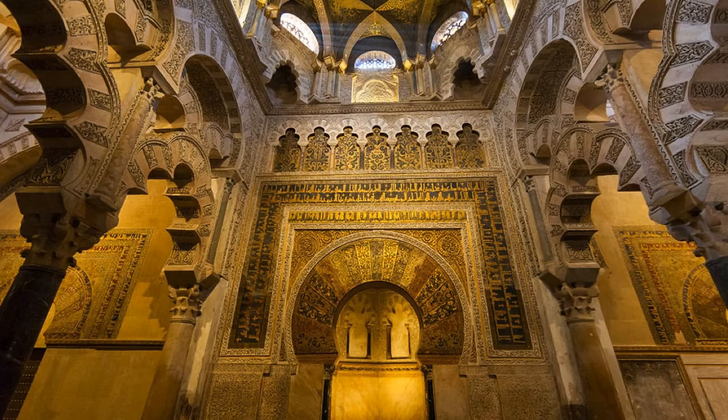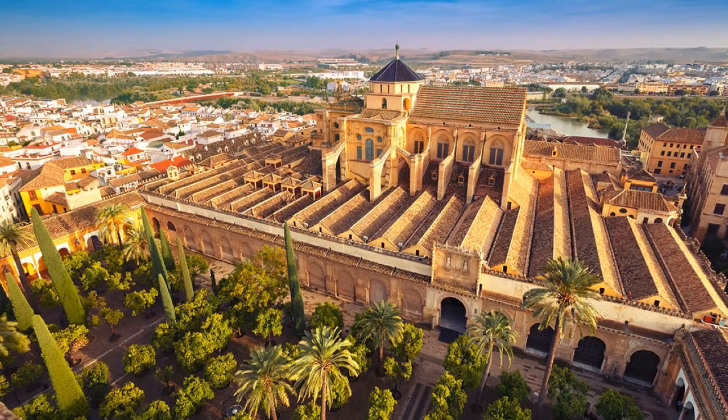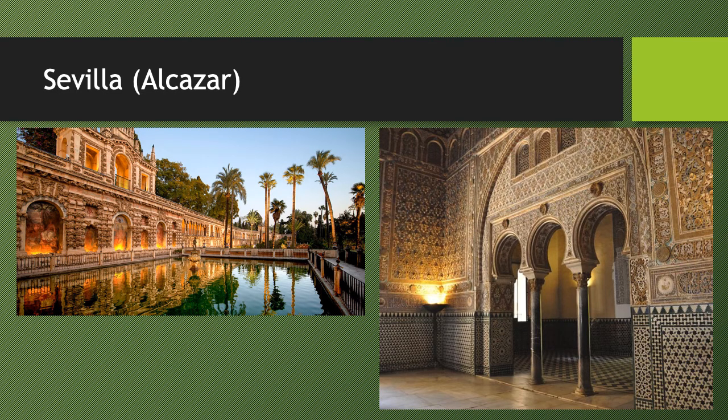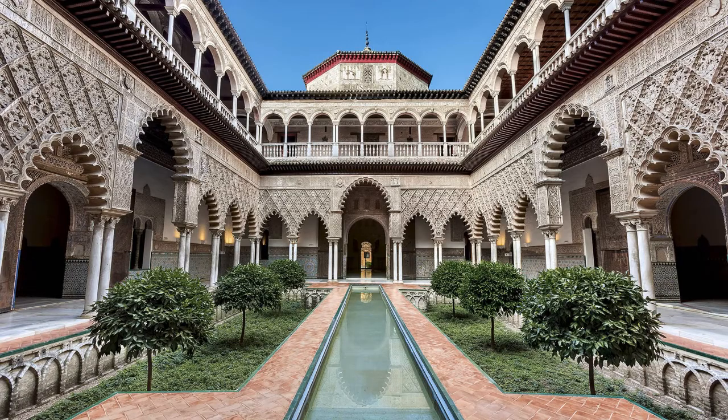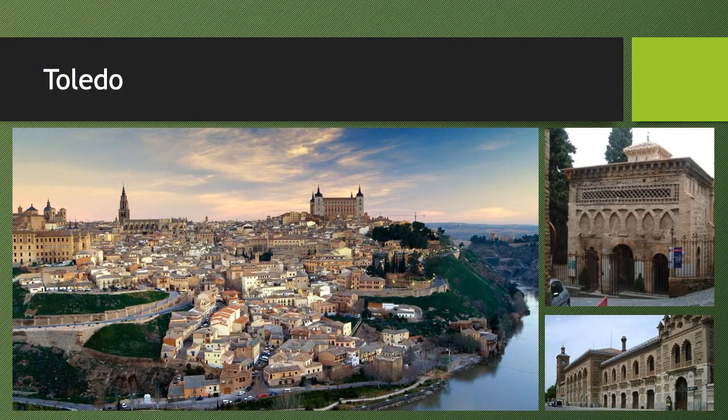And so you can see the prayer niche here that is part of the Great Mosque of Cordoba that you could still visit today. And in the city of Sevilla, the Alcazar was also an Islamic building, and you could see the Islamic architecture. The city of Toledo, all of these cities were great commercial centers that grew because of Islamic merchants and as centers of learning.